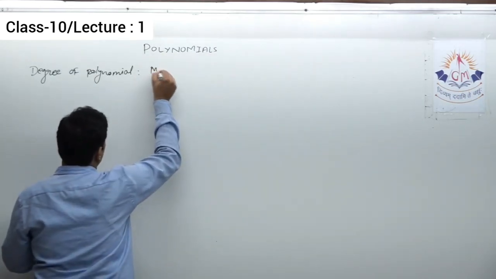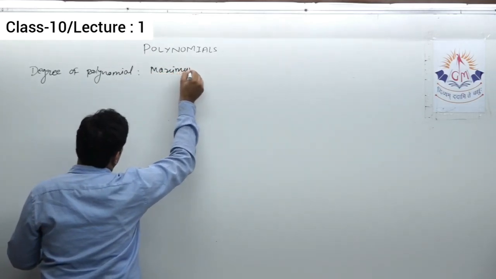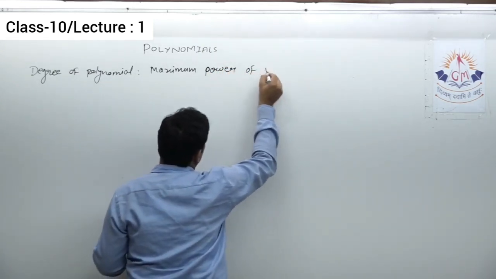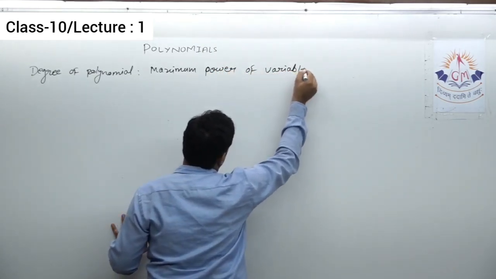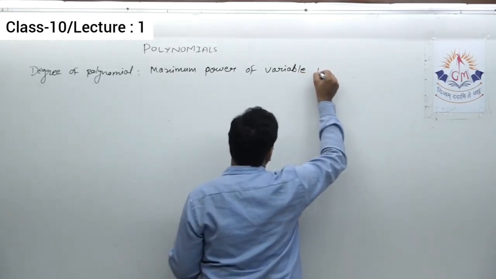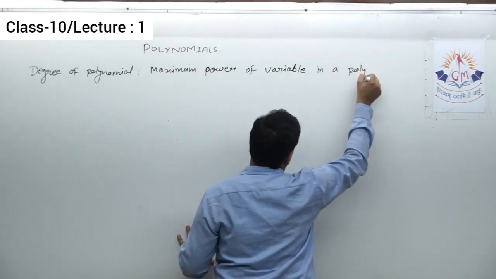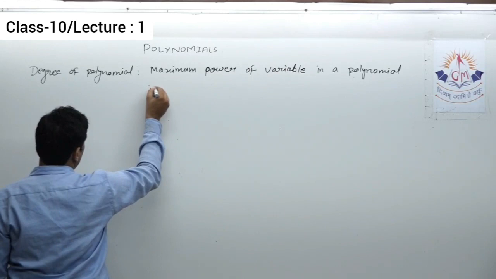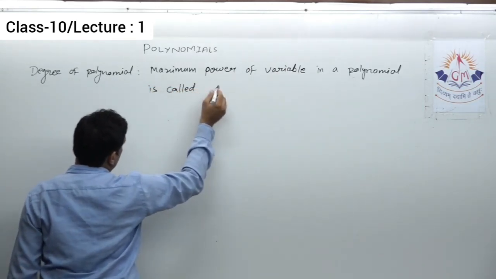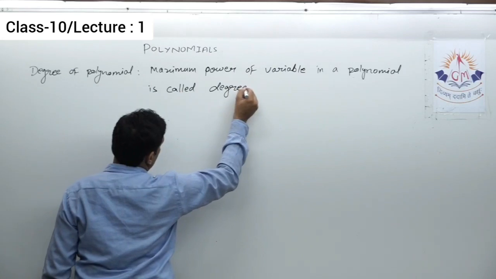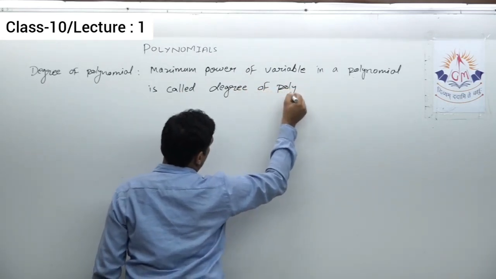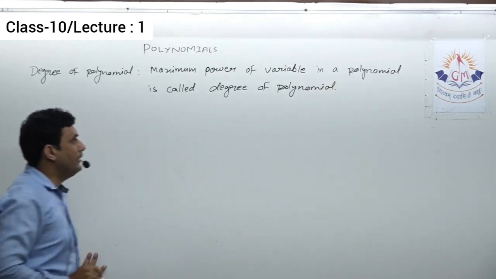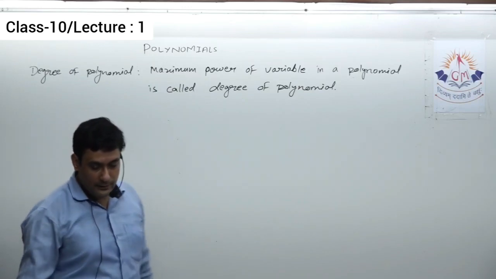Okay, so maximum power or index of variable, maximum power of variable in a polynomial is called its degree, is called degree of polynomial.